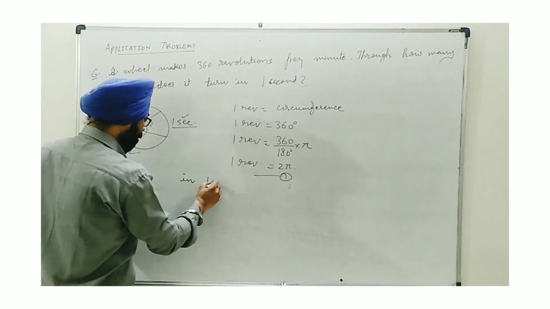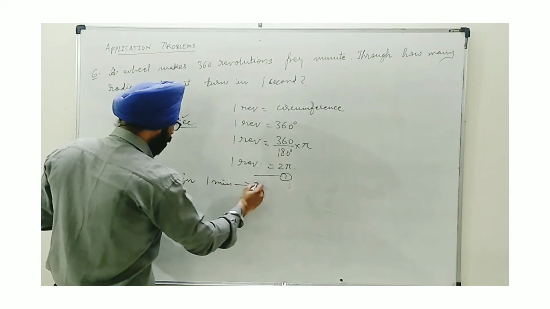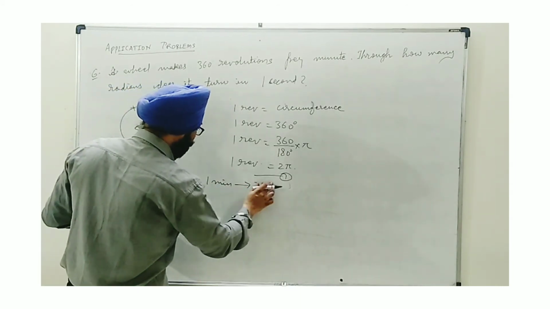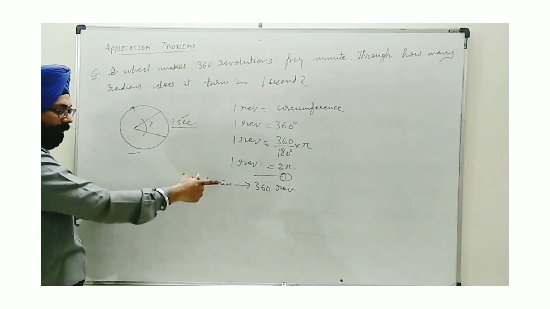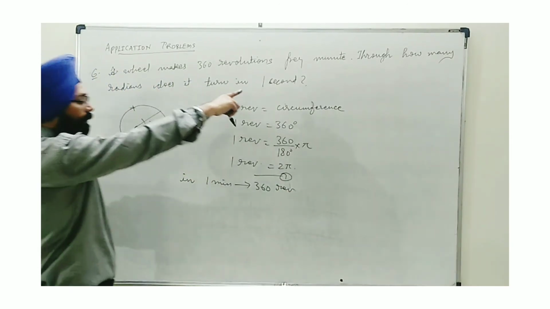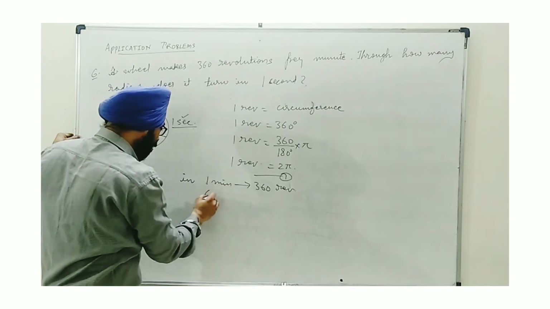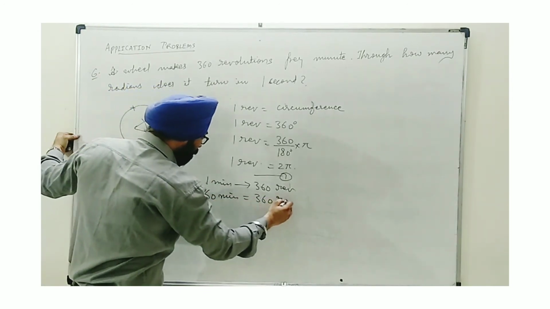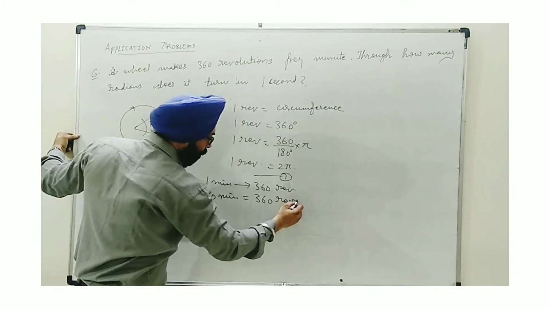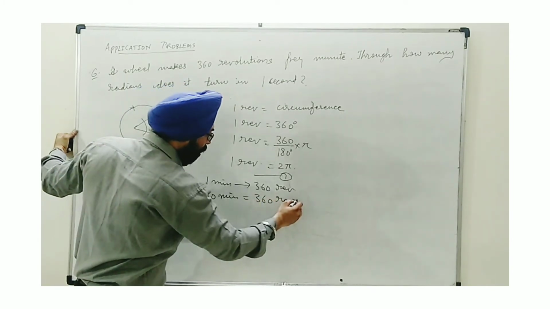In 1 minute, what is the number of revolutions? 360 revolutions are there. In 1 minute, 360. We need to find in 1 second. So 1 minute is equal to 60 seconds, which will give us 360 revolutions.